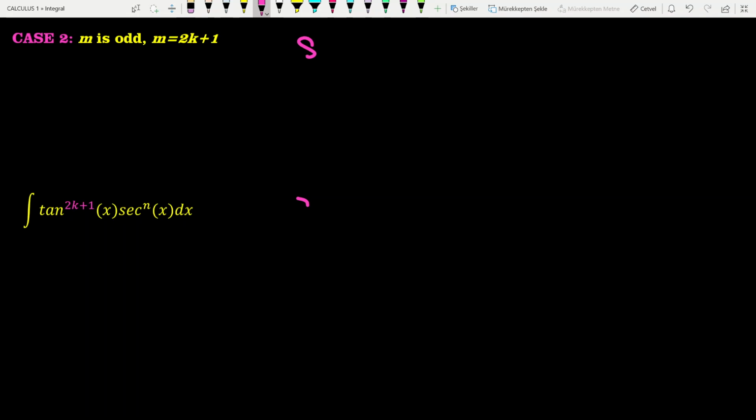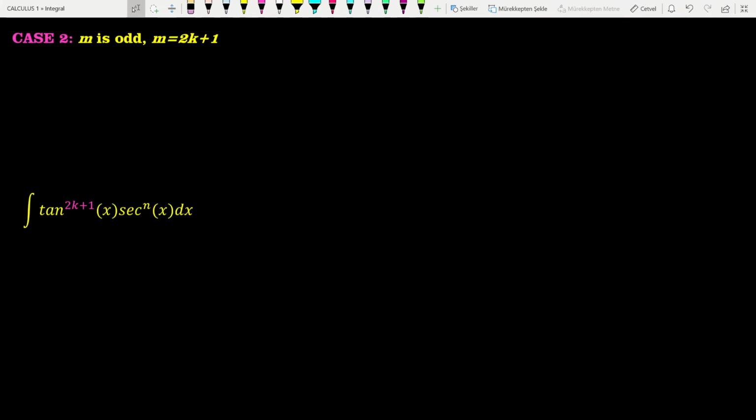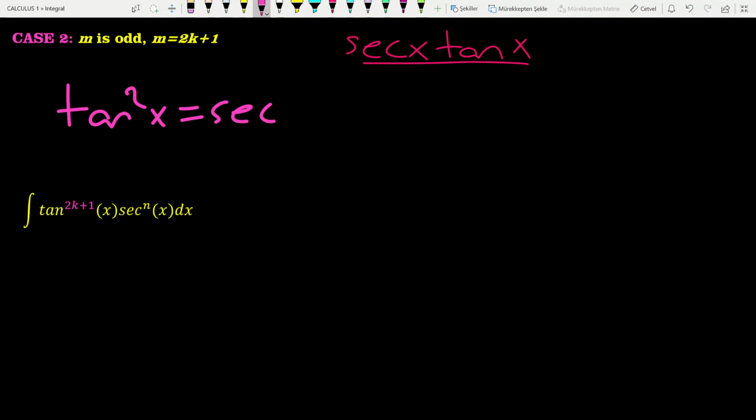In the second case, if the power of the tangent function is odd, we save one secant x, tangent x factor. We save this factor and use the trigonometric identity: tangent square x is equal to secant square x minus 1.